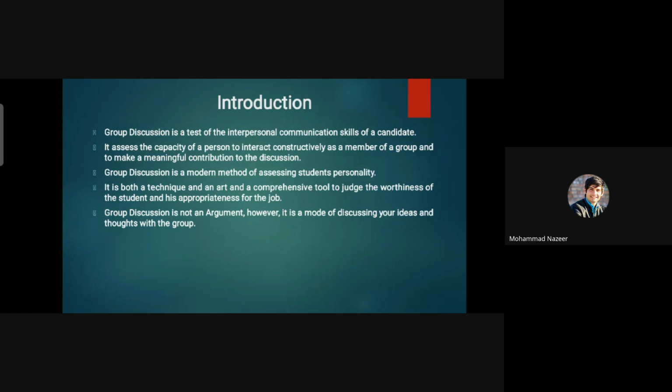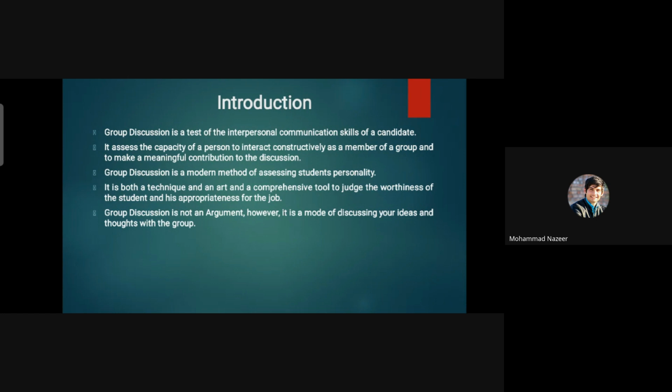It cannot be overstated. We should be very precise. We should be very, very clear. We should be able to communicate effectively face to face. That is what happens in group discussions, because you should be very clear about one thing.